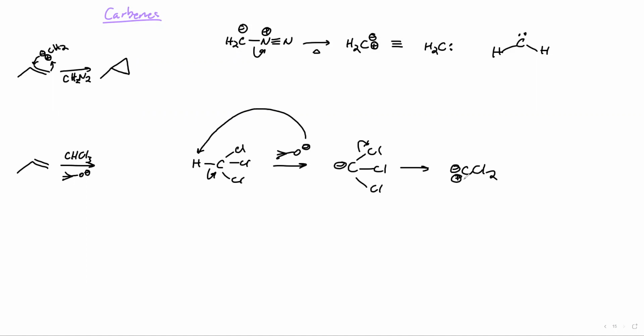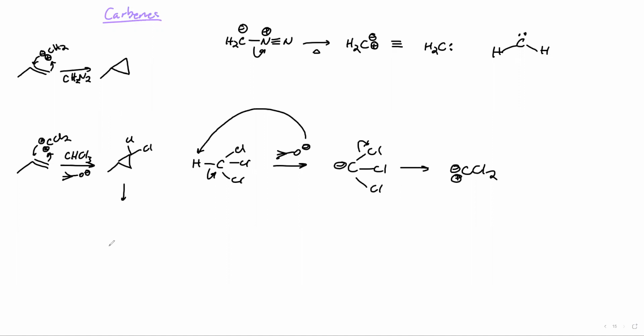And once again, we've got that anion-cation feature. The cool thing about this one is that it is not a CH2 carbene, it's a CCl2 carbene. So we actually form a carbene with 2 chlorines on it. In some parts of organic synthesis, you can use these chlorines as leaving groups.